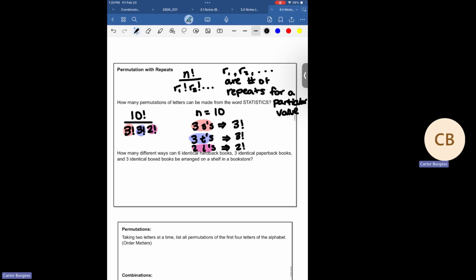Right? So for the s's, there are 3 s's. We need to divide out by 3 factorial. For the i's, there are 2 i's. We need to divide out by 2 factorial.